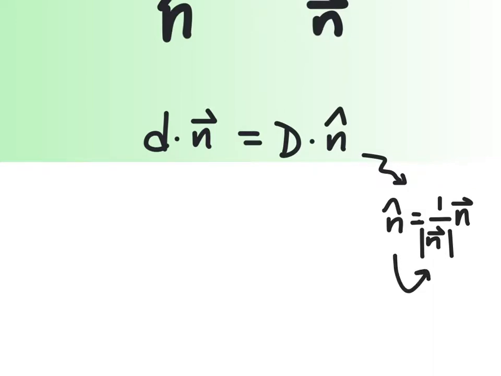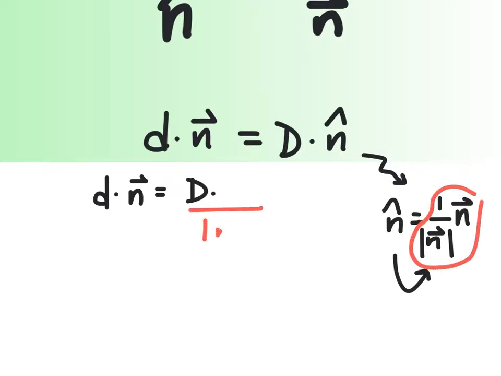Therefore, I'm going to do a direct substitution. d times the normal equals capital D times the unit vector, and I substitute for that unit vector the magnitude of the normal on the bottom and the normal on the top. So I'm going to divide both sides by the normal.